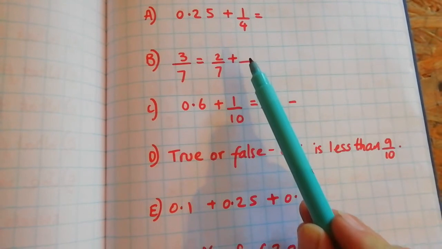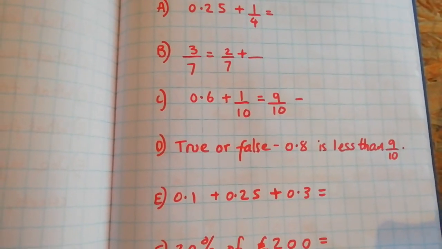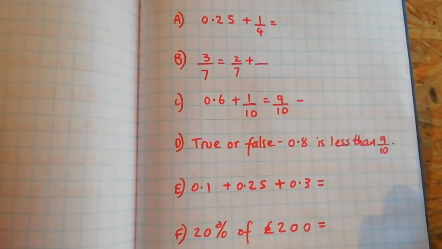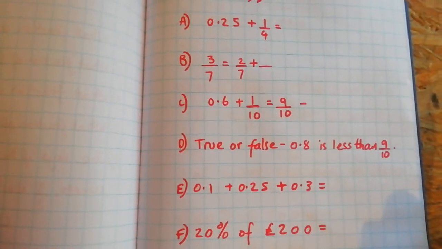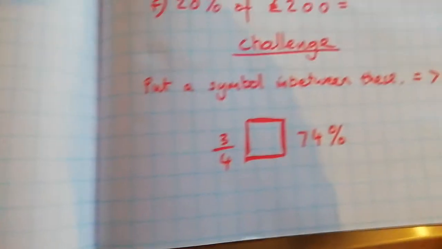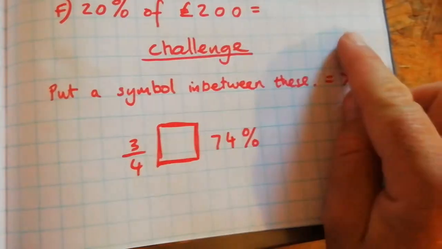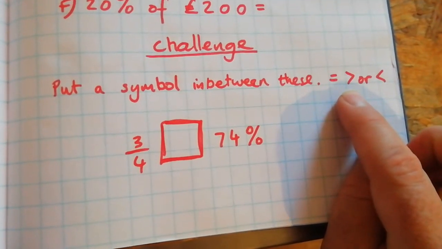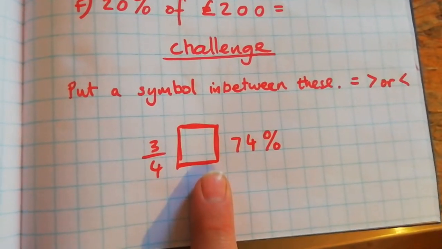And I'm looking for you to add in a fraction right there. Try and get everything on the screen so we can pause it like that. And I'll also show you the challenge down at the bottom there. Put one of these symbols, an equal sign, greater than or less than sign, in between these two right here.